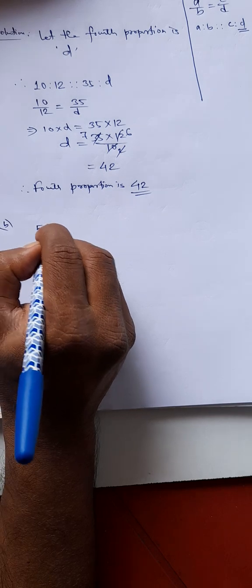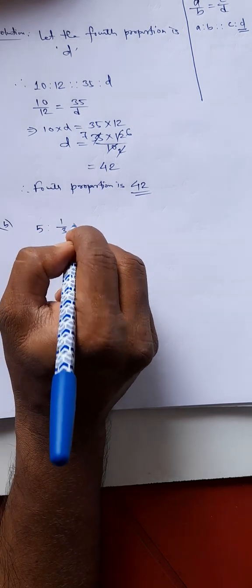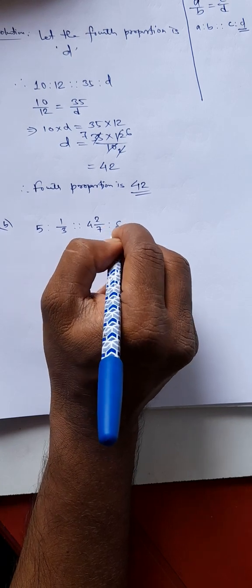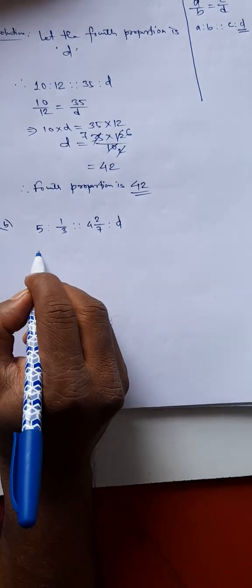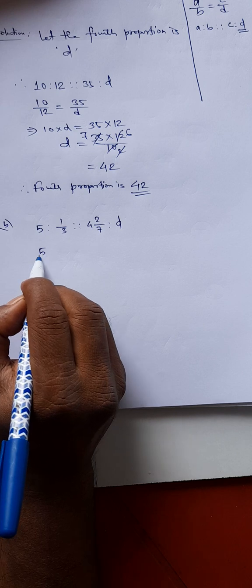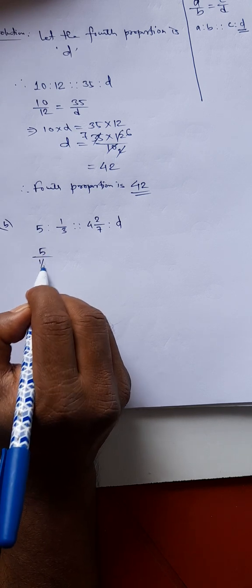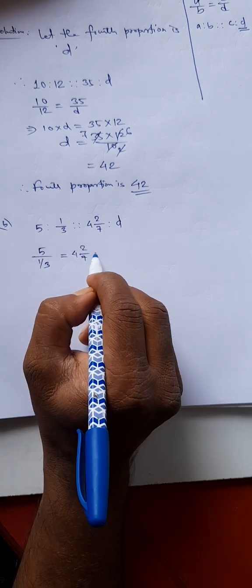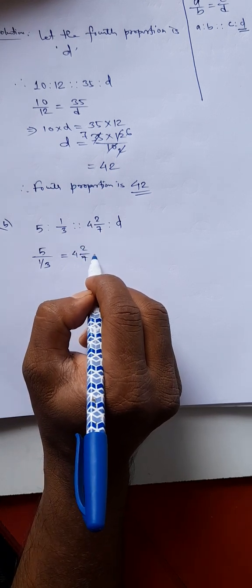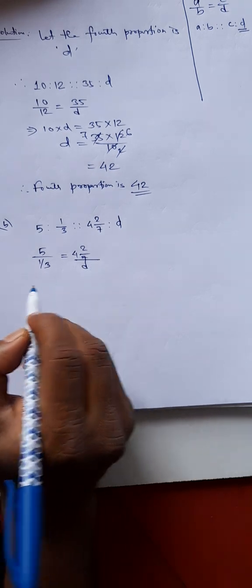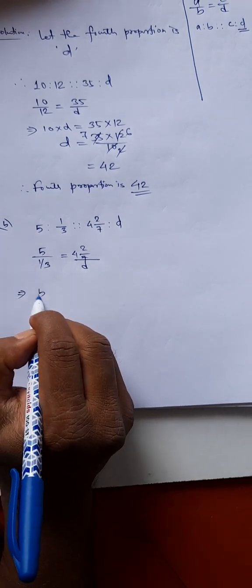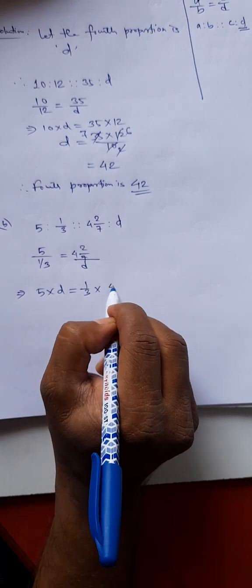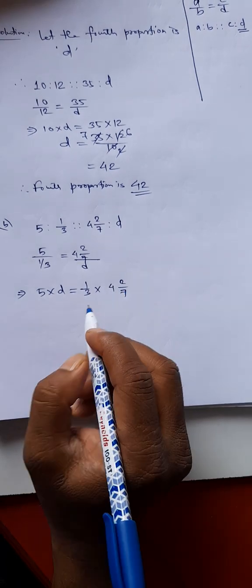So 5 is to 1 by 3 proportional to 4 and 2 by 7 is to D. We have to find D here. That means 5 divided by 1 by 3 equals 4 and 2 by 7 divided by D. So we cross multiply this. 5 into D equals 1 by 3 multiplied by 4 and 2 by 7.